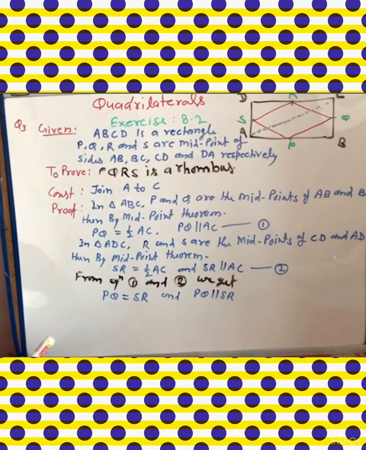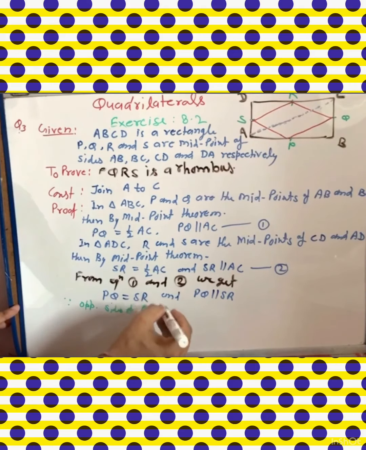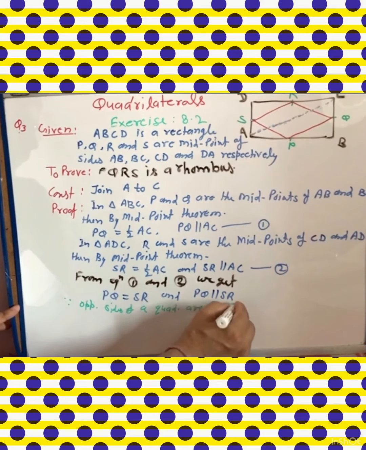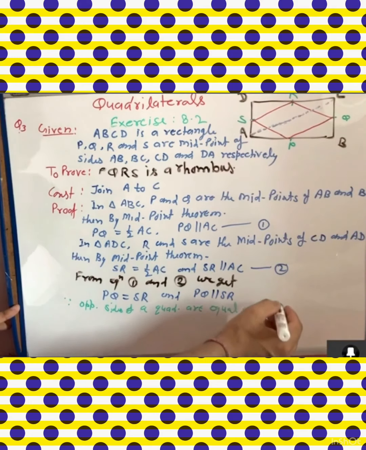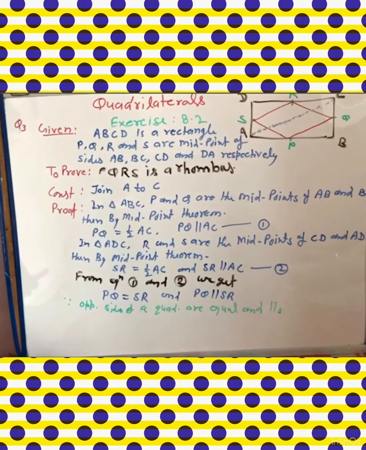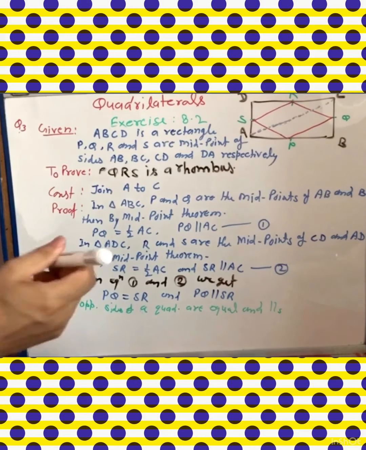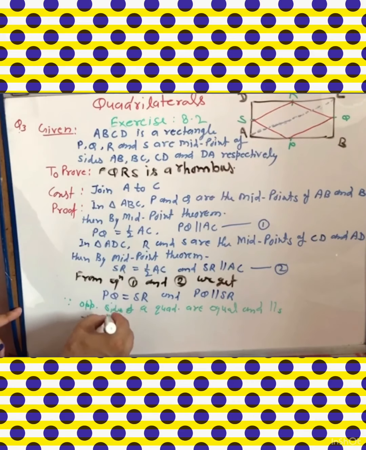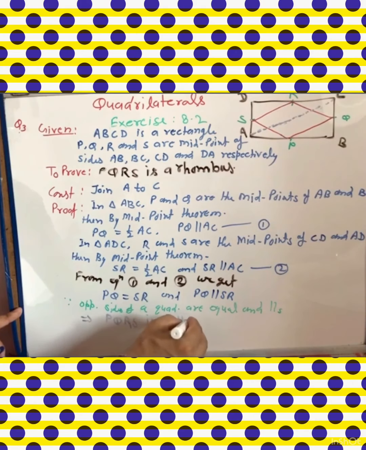So you will write here the conclusion, since opposite sides of a quadrilateral are equal and parallel, then you can write it as PQRS is a parallelogram.